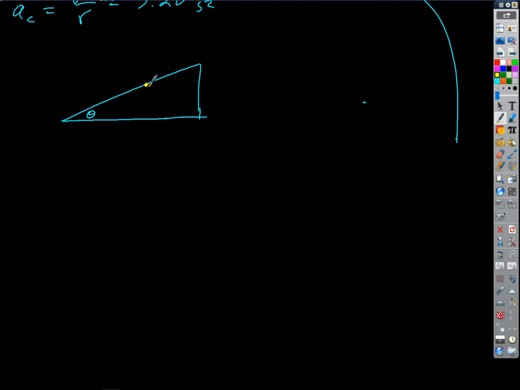We're going into the board, and the center of curvature is over here somewhere. Normal force and gravity. Normal force is acting how? Up.